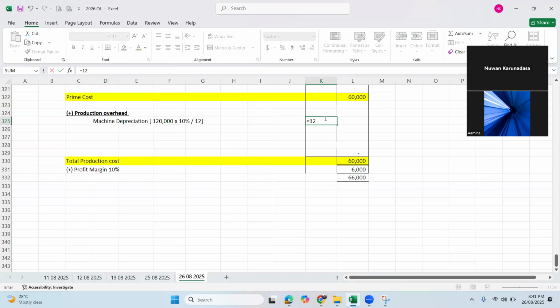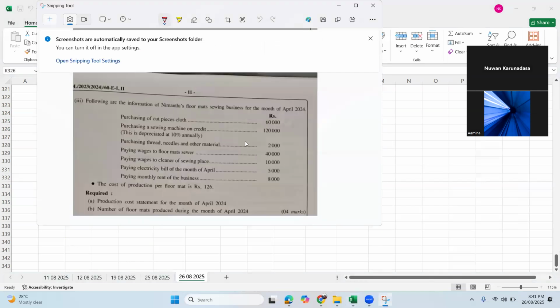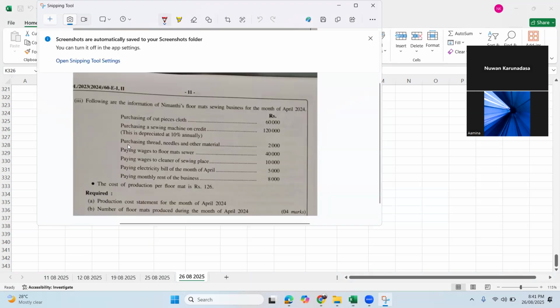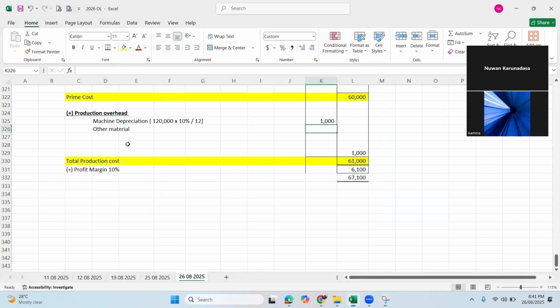So 120,000 into 10% divided by 12 means just 1,000. Machine depreciation. Then purchasing thread, needle and other material, it's production overhead. Other material, 2,000.